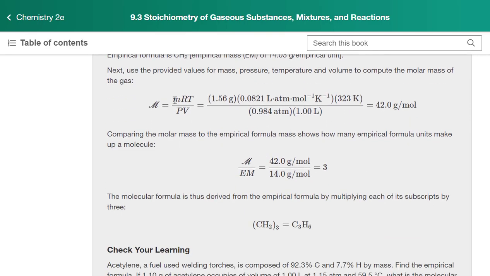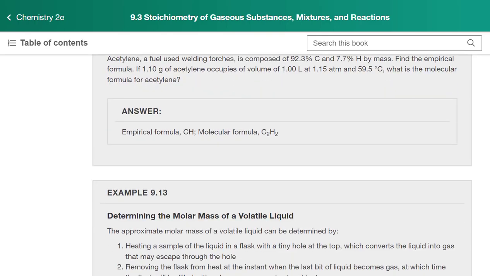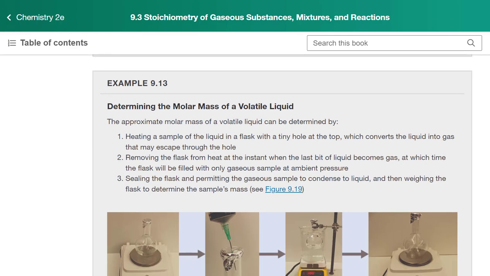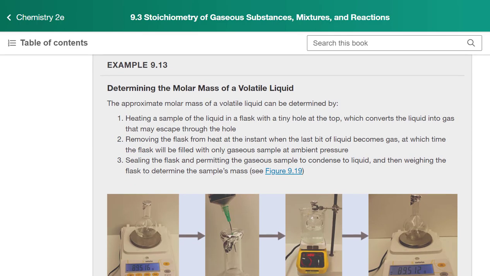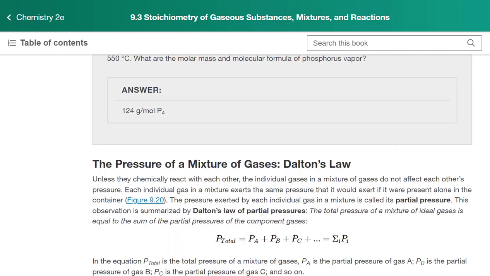The idea we just looked at is basically this part right here, and we're combining ideas from previously to get the molecular formula. This next one we will actually be doing in lab, so that's where we'll get some practice with this idea.